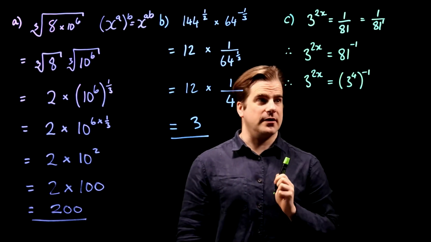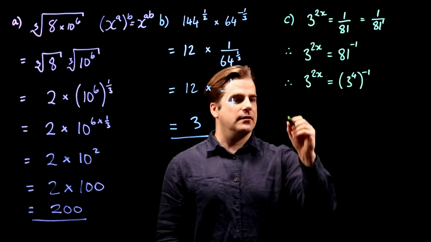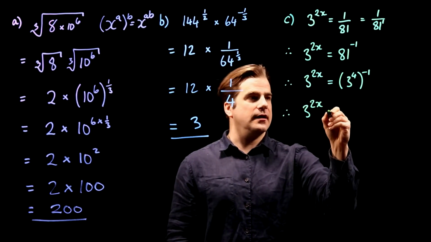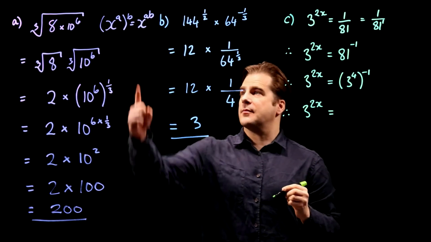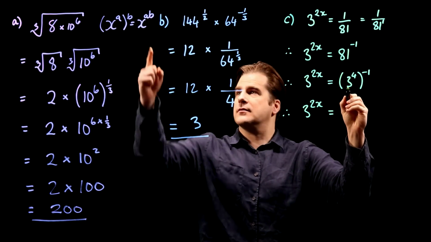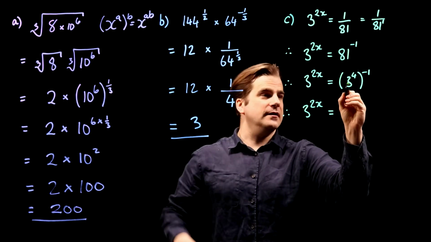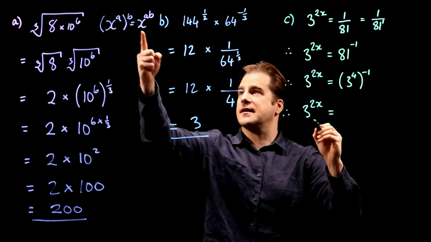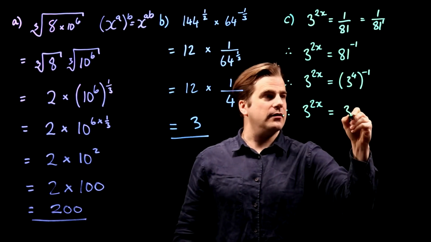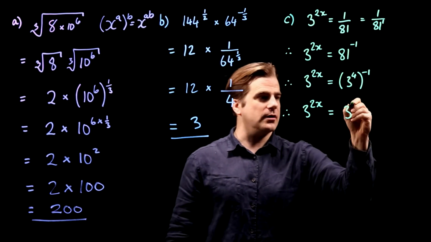Okay, because it's still to the power of minus 1. So therefore, 3 to the 2x equals, we're using the bracket rule again. You've got x to the a all to the b, so x to the a all to the b is x to the a times b, so that's the same as 3 to the power of 4 times minus 1 is minus 4.